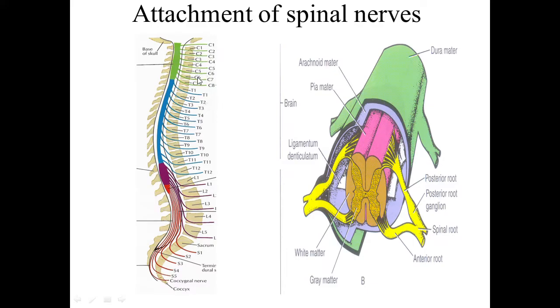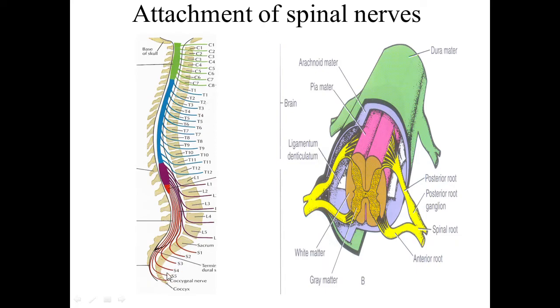The first 7 cervical nerves pass in a notch above the pedicle of the corresponding vertebrae. The 8th cervical nerve passes above T1, and caudal to that, the remaining nerves pass below the pedicle of the corresponding vertebrae.